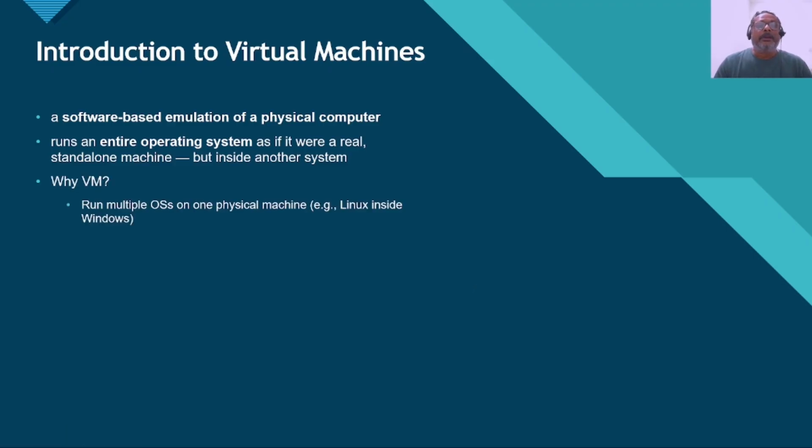So why do we require a virtual machine? It helps us to work with multiple operating systems on one physical machine. That means we can have more than one operating system working simultaneously on the same hardware, and different users may be working with different operating systems simultaneously, of course through scheduling and all that.